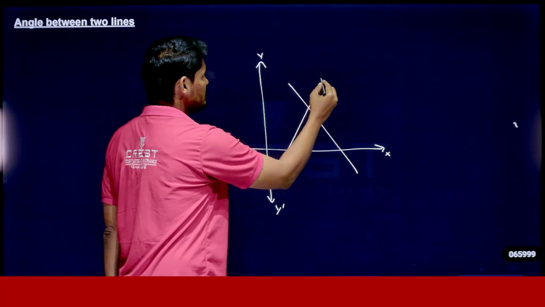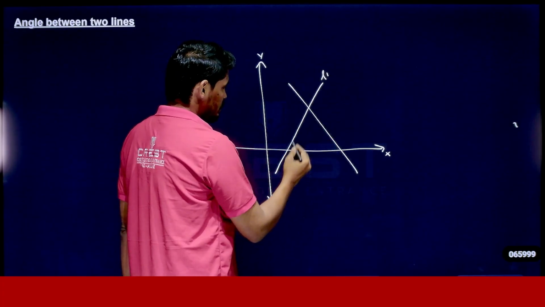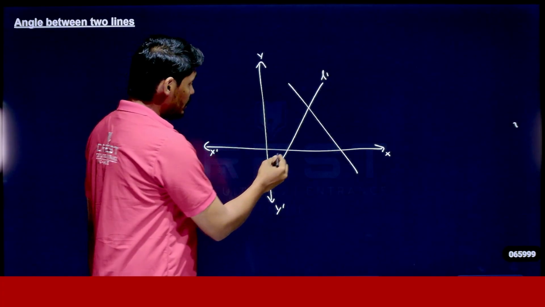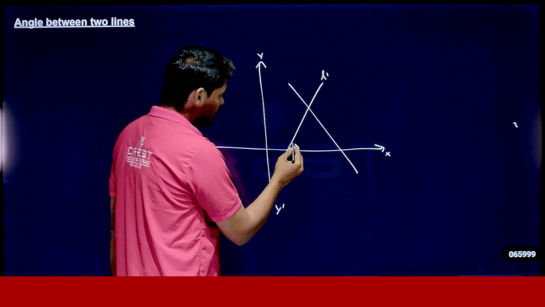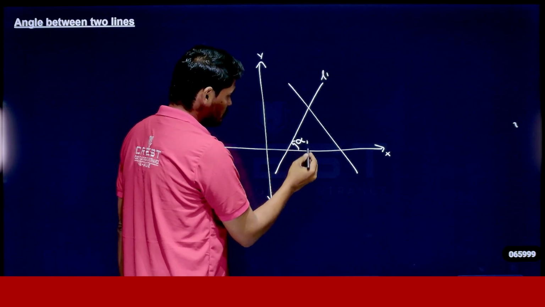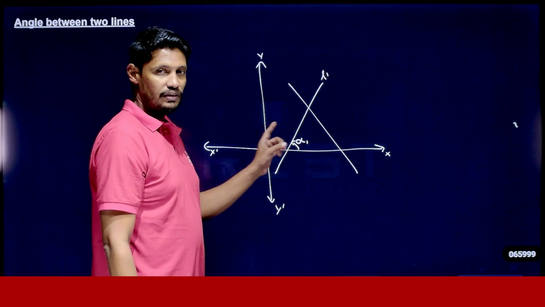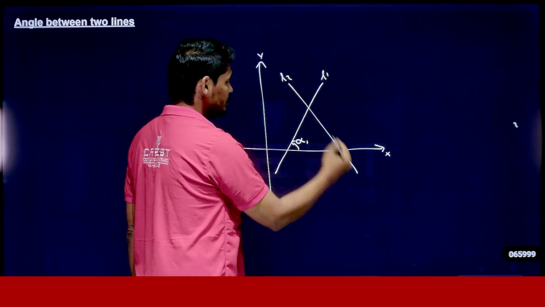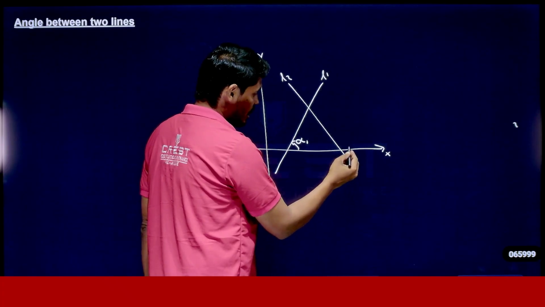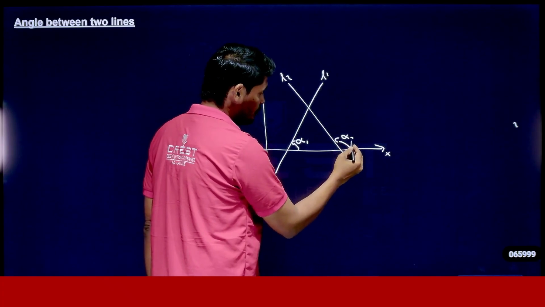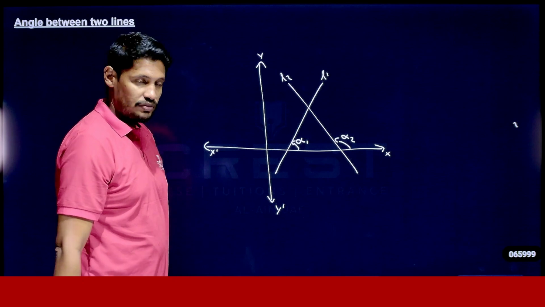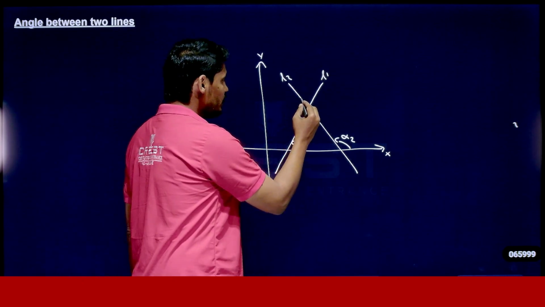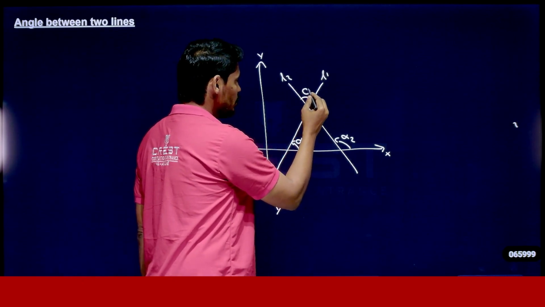Suppose this line is L1 and it makes angle alpha 1 with the positive direction of the x-axis, and suppose this line is L2 and it makes angle alpha 2 with the positive direction of the x-axis.